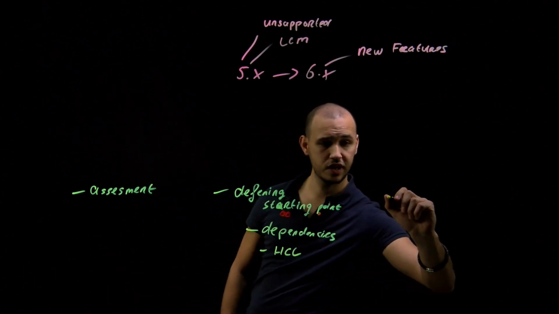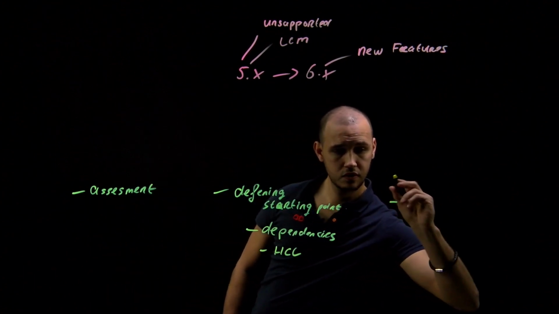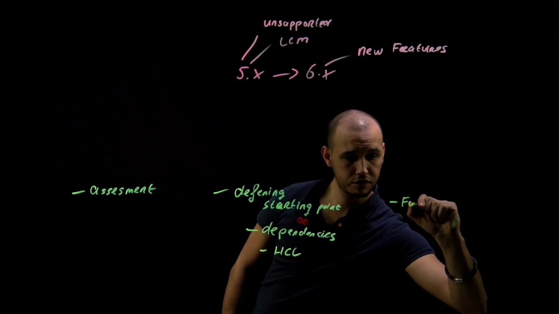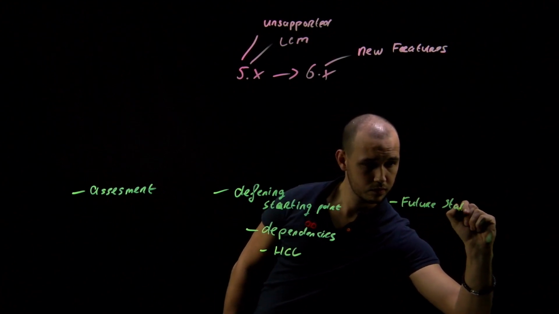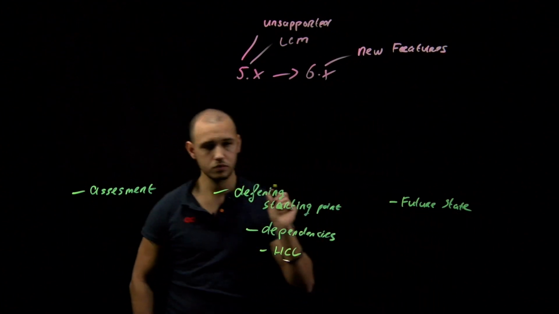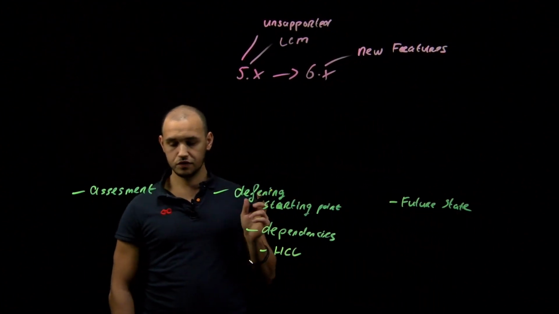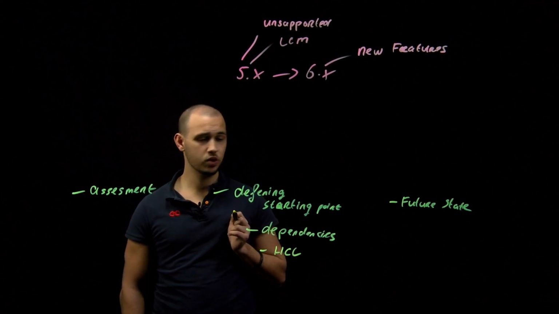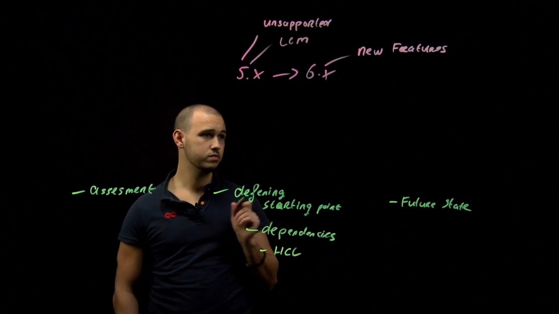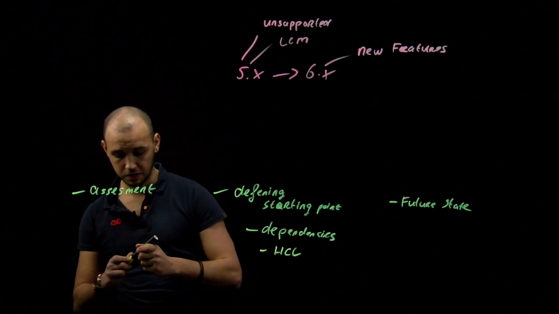And then we define the future state. Once we define the future state, you know where you need to go to, and with that you also can take into account the application landscape.